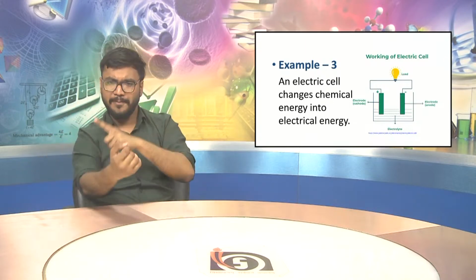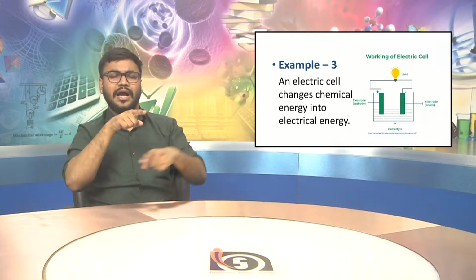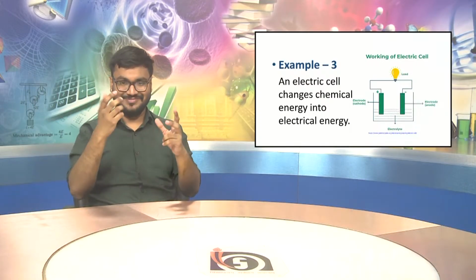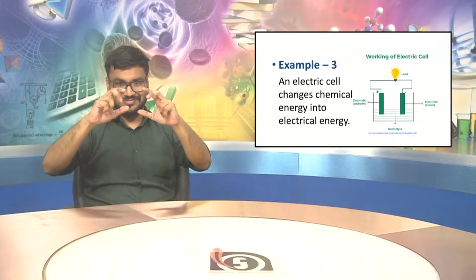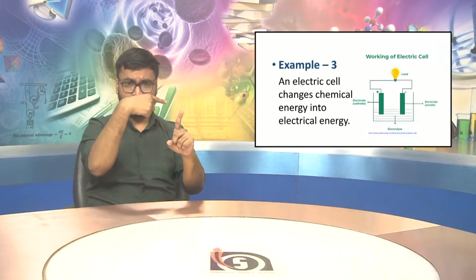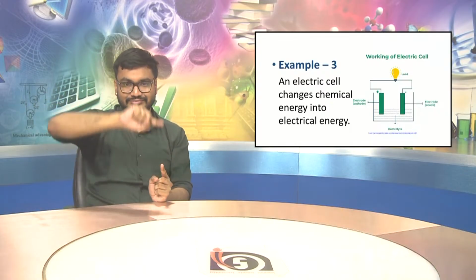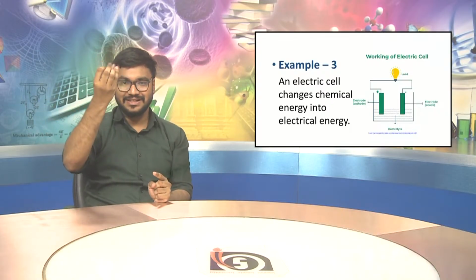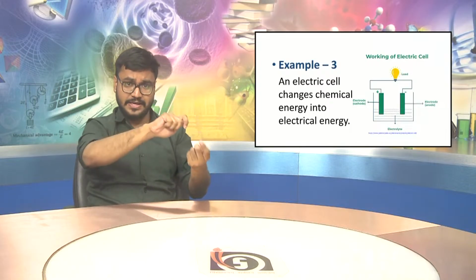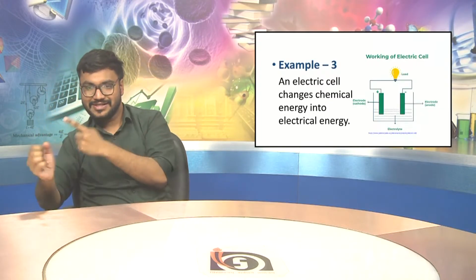Example 3. An electric cell changes chemical energy into electrical energy. Putting two electrical cells with opposite charges into the water, it can help turn on the bulb.